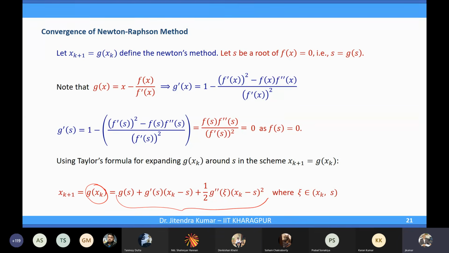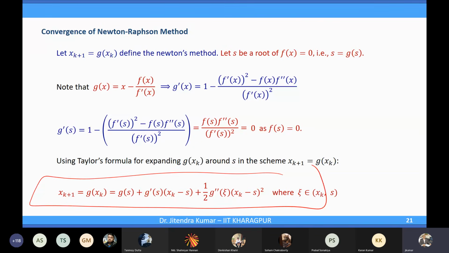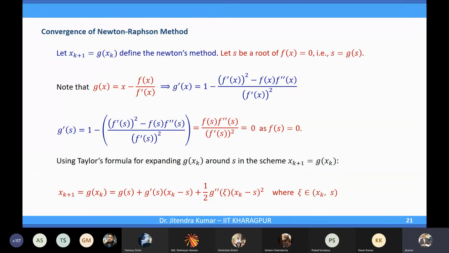Yes. So g(s), g prime(s), this term, and then we stop here. We are not going to have infinitely many terms. That is the remainder term, where xi is not exactly known, but it is somewhere in this interval. Good. Our iteration scheme is this expansion where the equality holds, so we are not doing any further approximation. xk plus 1 is equal to this one.